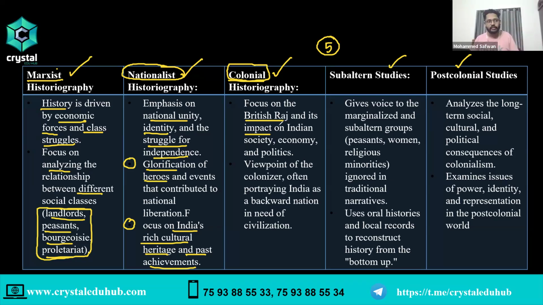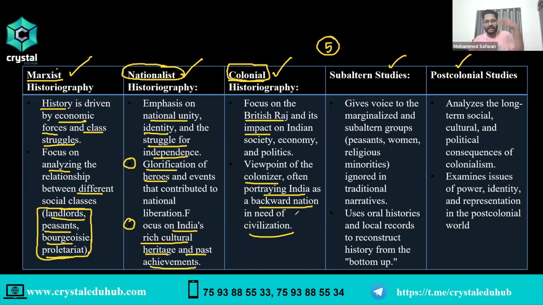They became more civilized; till then, they were barbaric, uncivilized. Such statements were there. So the British historians were trying to legitimize British colonial rule in India. They have the viewpoint of the colonizer, and they often portray Indians as a backward nation in need of civilization.